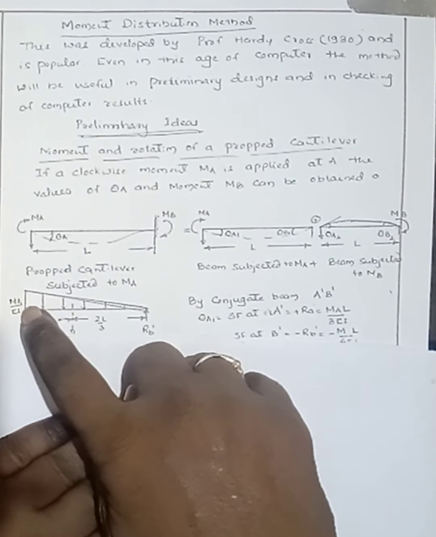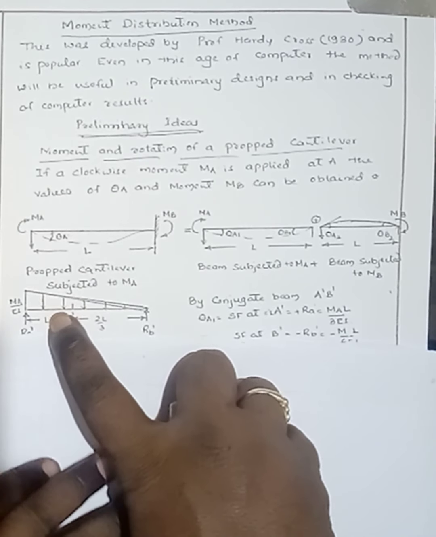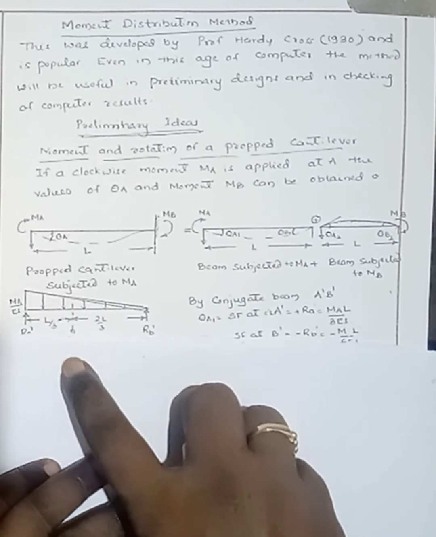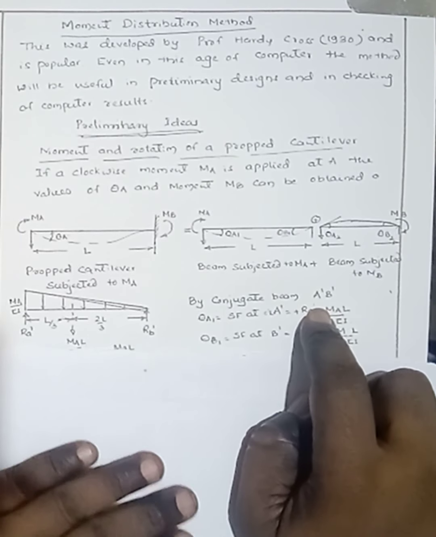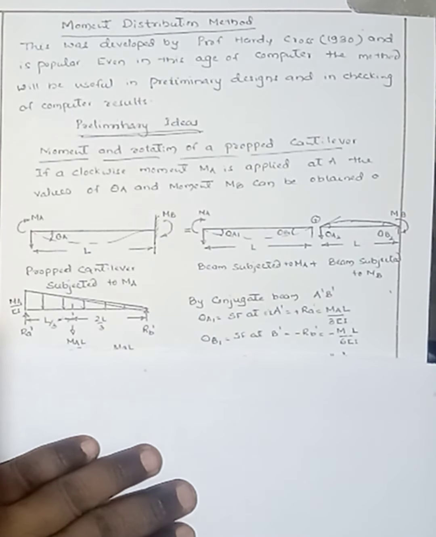Here this one is MA, the moment is sagging, hence this one is RA dash. By conjugate beam, in beam A dash B dash, theta A1 equals shear force at A dash as per conjugate beam theorem number 1.